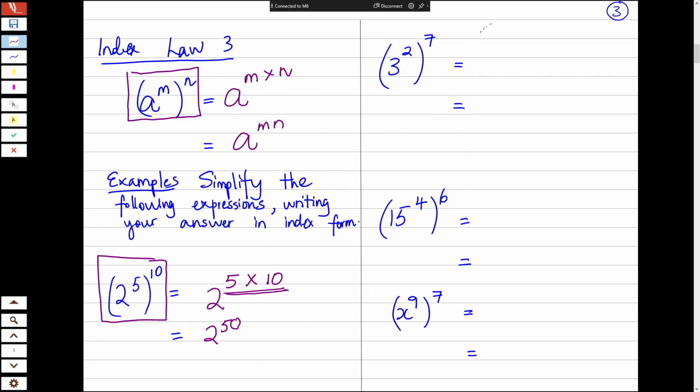All right, Mitchell, what about this one? 3 to the power of 2 times 7. Can we simplify that? Yes, 14.